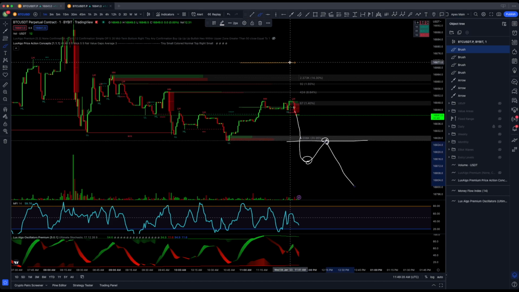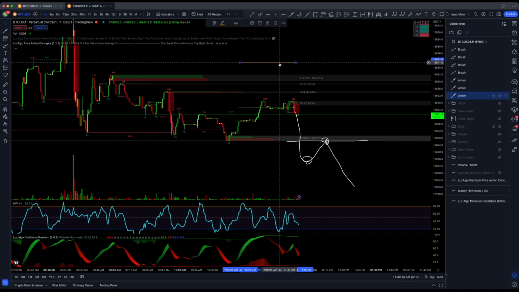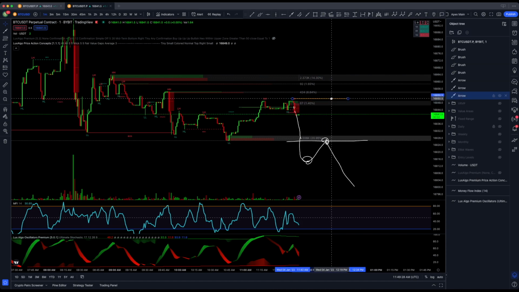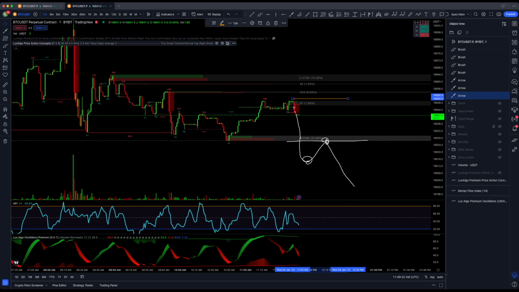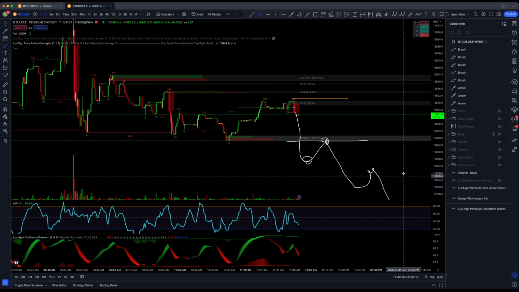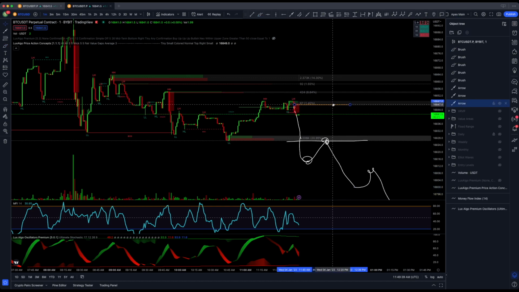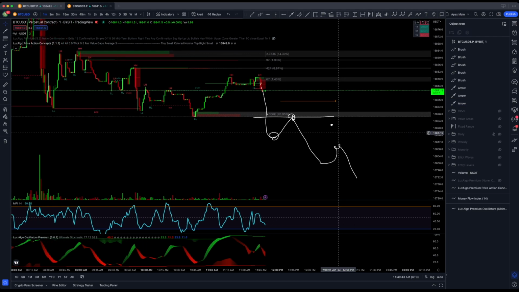Then what I would do is bring my stop loss above here. If we done another structure which was like there and then went down, my stop loss would then be here above this structure, and so on and so forth.